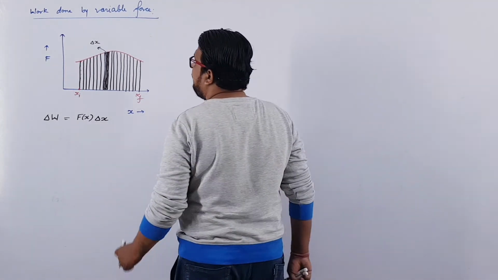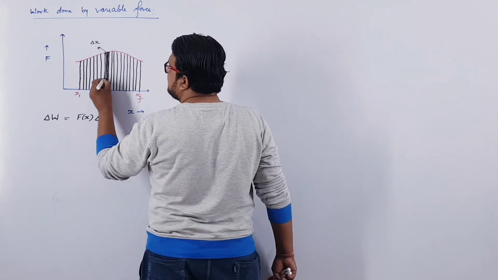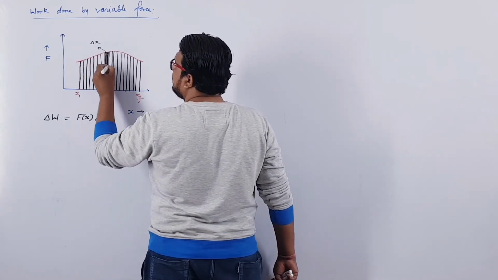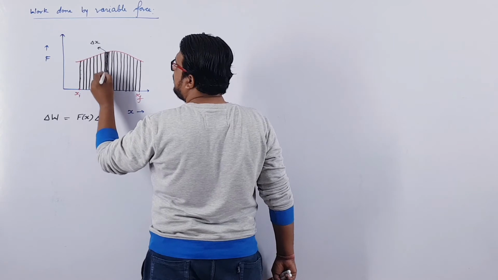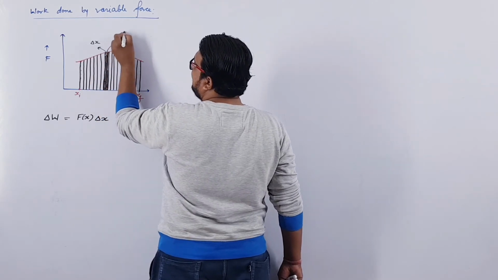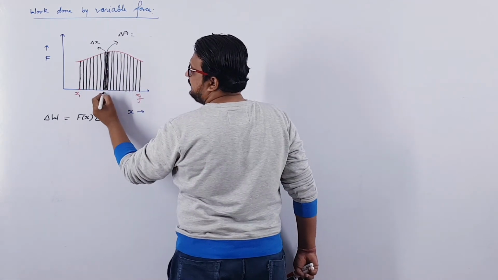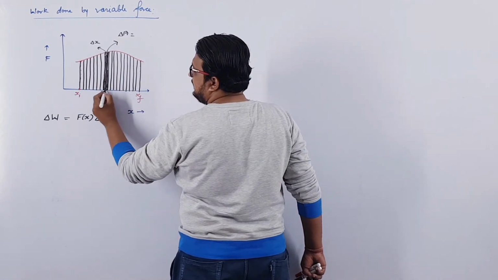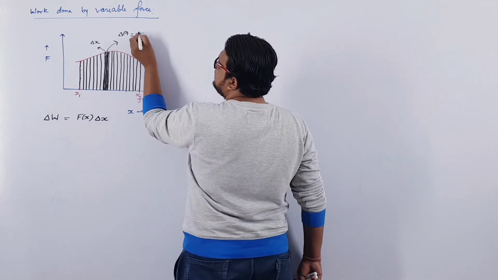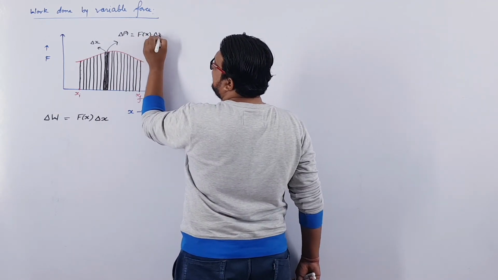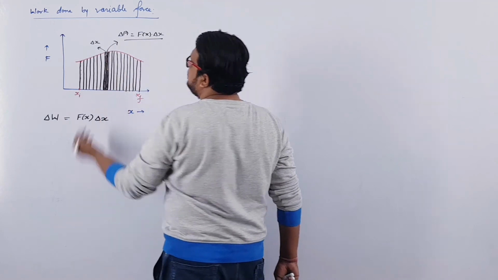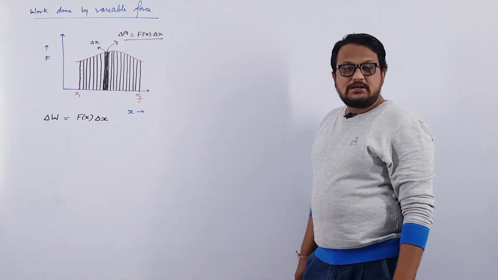If you see properly, what will be the area of this portion, delta A? This is the height and this is the length. So height is F and length is delta x. So this is F of x into delta x. This will be the area. So you can see that this delta A is nothing but delta W.